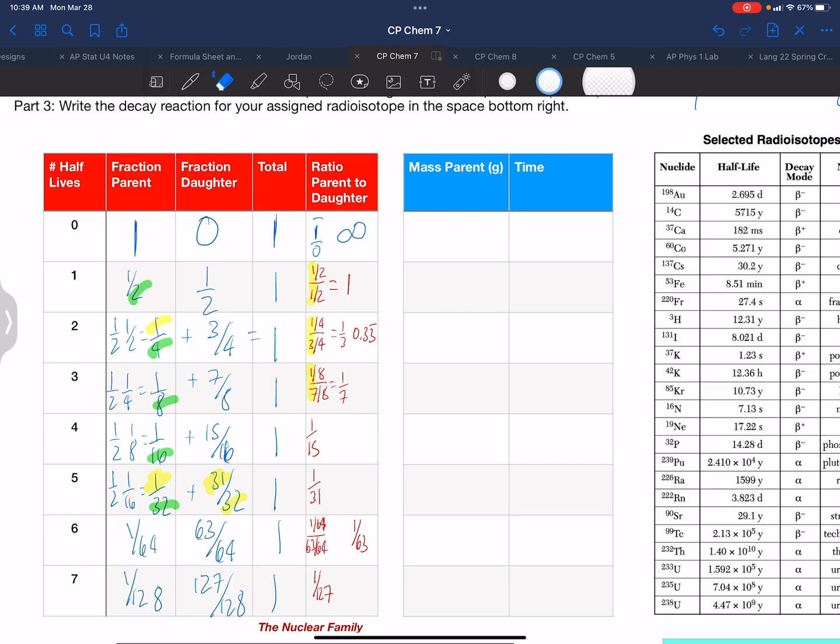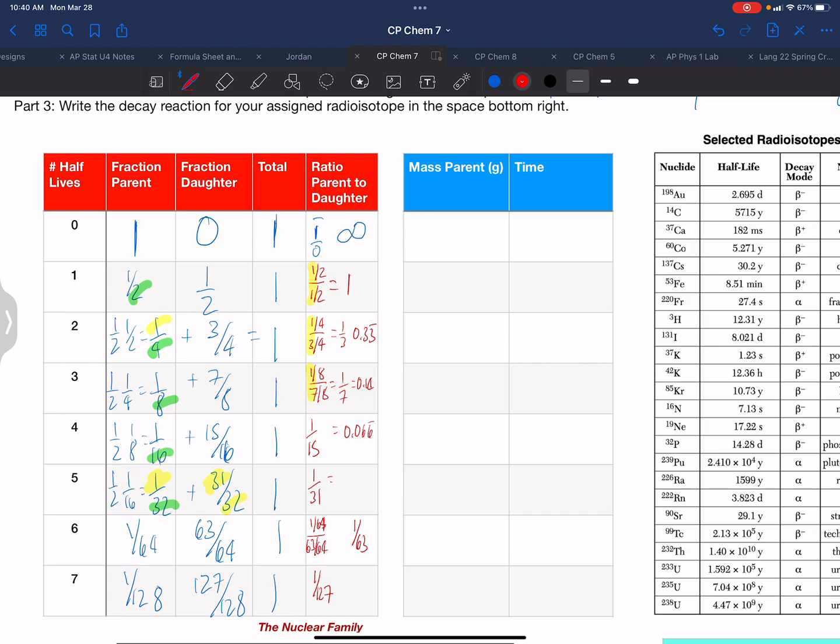Now we want to express those as a decimal because we're going to use them later. So we have 1 divided by 7, which is 0.14. 1 divided by 15, which is 0.066 repeating.